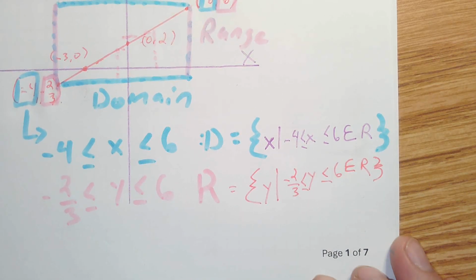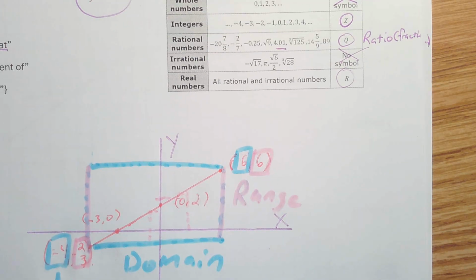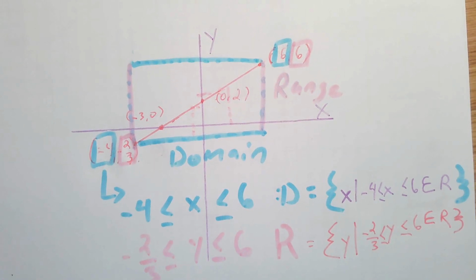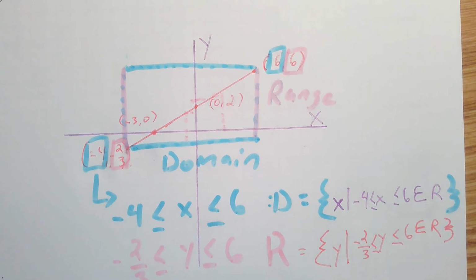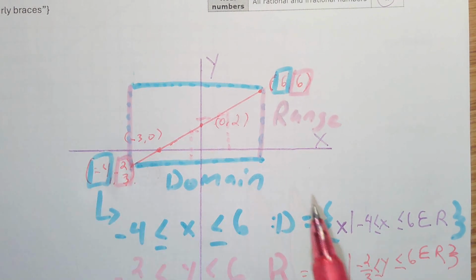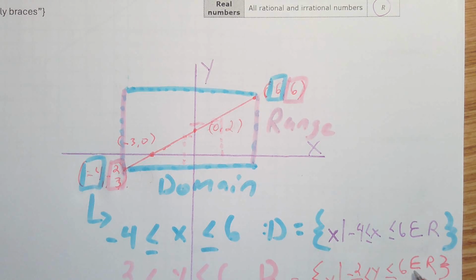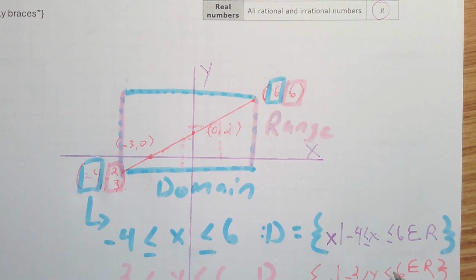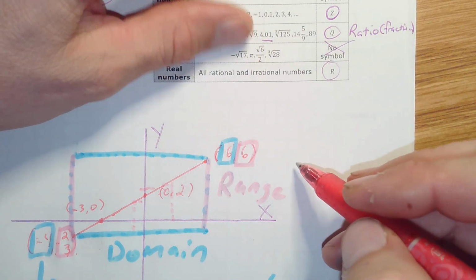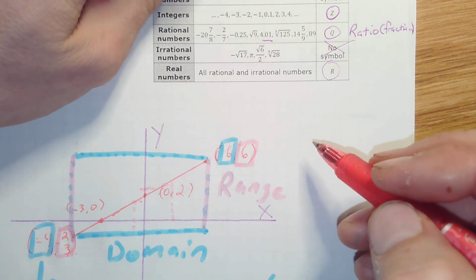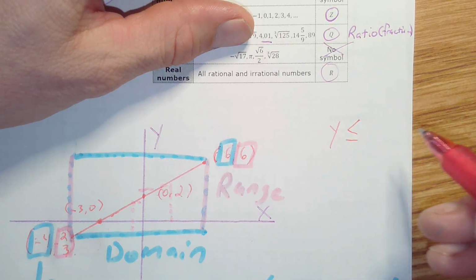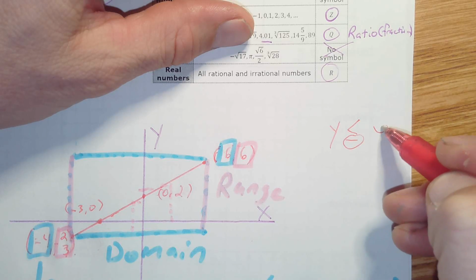You'll see stuff like that all throughout these lesson plans. It doesn't come up too often, but that's how you do "is an element of" and "such that." And if it includes an infinity sign, y cannot be less than or equal to infinity.